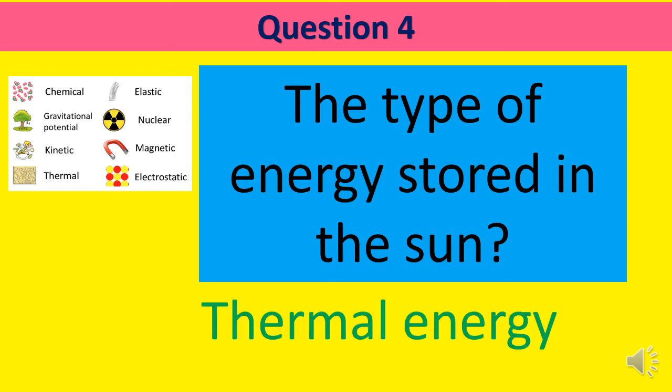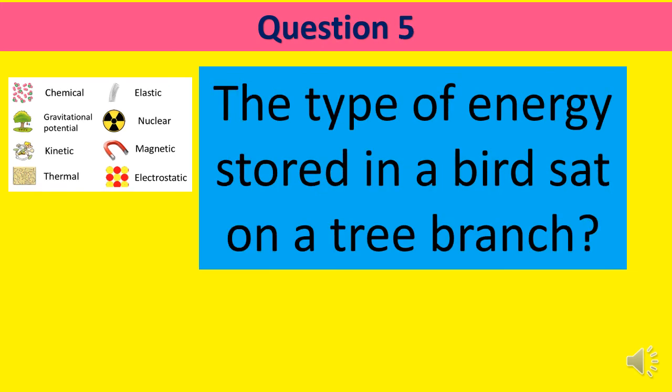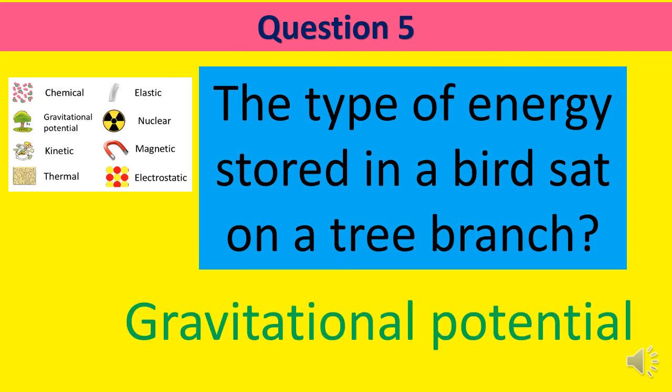Well done if you said thermal energy. Question number 5. The type of energy stored in a bird sat on a tree branch. 3, 2, 1. Well done if you said gravitational potential.